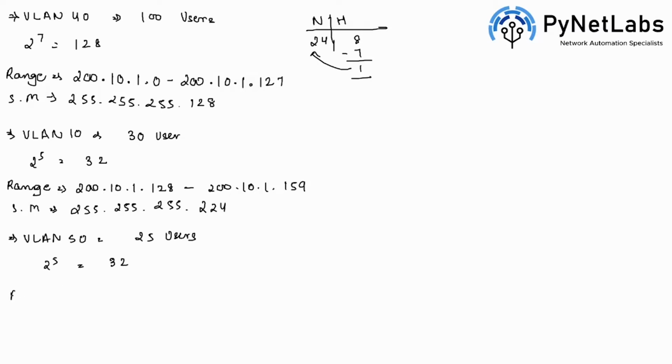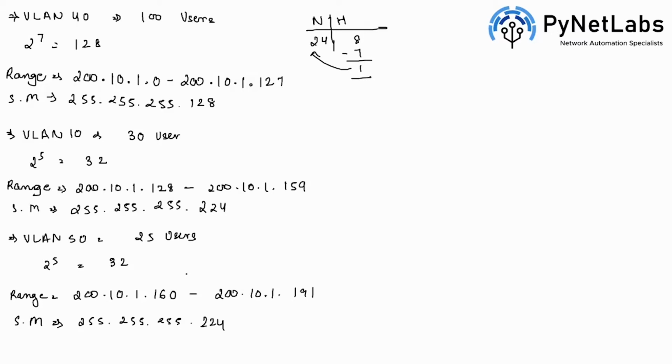The range is going to be from 200.10.1.160 to 200.10.1.191, and the subnet mask will again be the same of /27, which is 255.255.255.224.